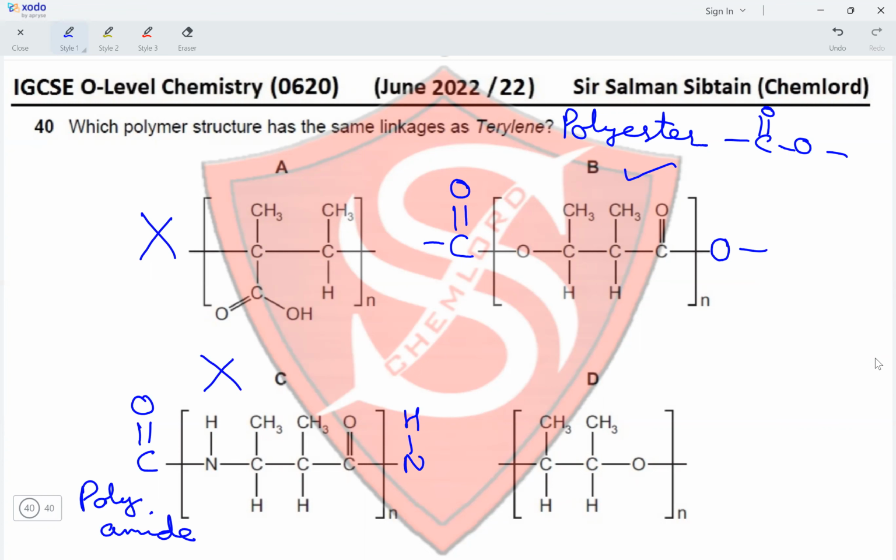This does not have any C double bond O present. So when this continues, this would have a carbon with CH3 and hydrogen joining to the oxygen atom, not forming an ester bond. So D is also not a structure that has the same linkage as terylene. Therefore, option B is the correct option for this question.